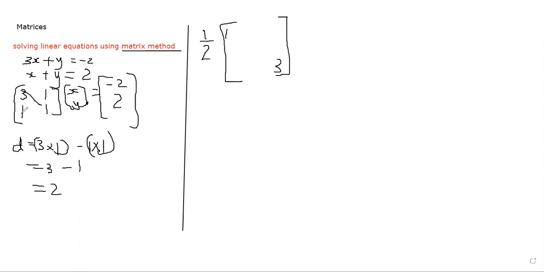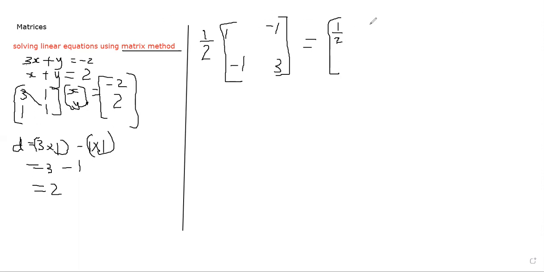Then for the following diagonal, the 1, 1 remain the way they were, but what changes is the sign. If they were positive, like in this case, they change to negative. And if they were negative, they become positive. So if we work this out, this half is going to multiply everything that is inside there. Half times 1 is just a half.